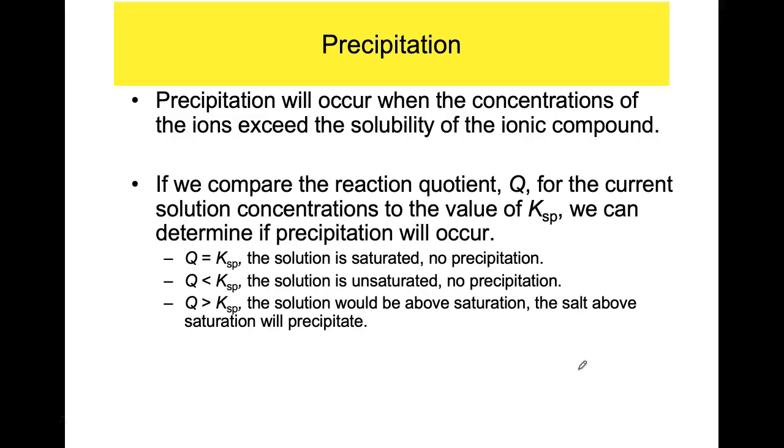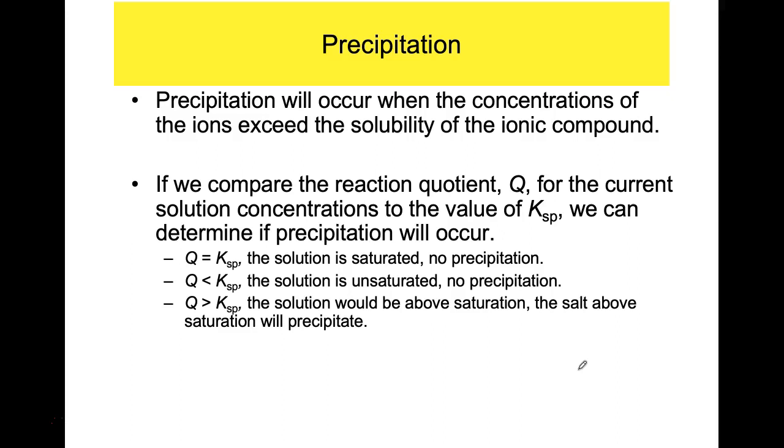If we compare the reaction quotient Q, which we saw when we studied equilibrium, for the current solution concentrations to the value of KSP, we can determine if precipitation will occur. If Q equals KSP, the solution is saturated and no precipitation will occur. But if Q is less than KSP, the solution is unsaturated, no precipitation will occur.